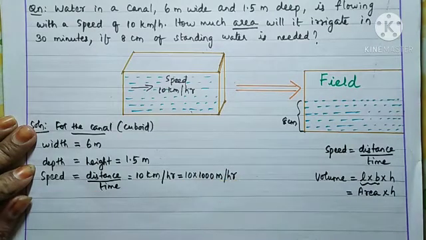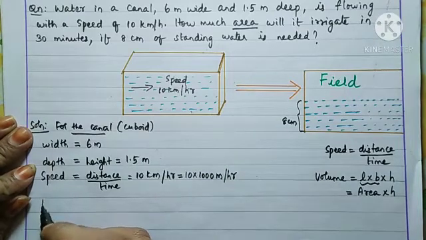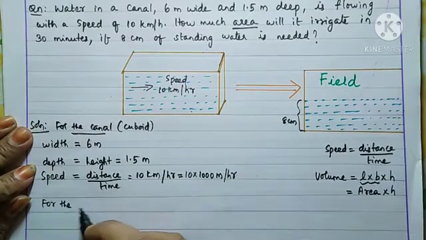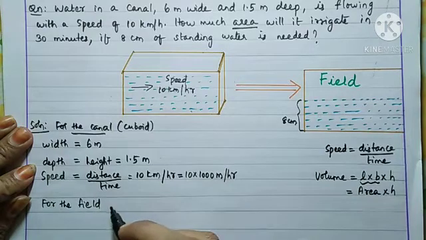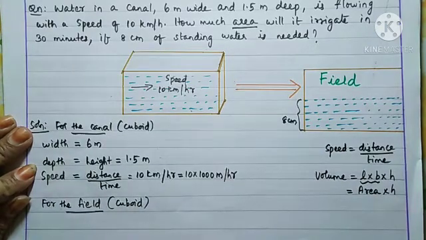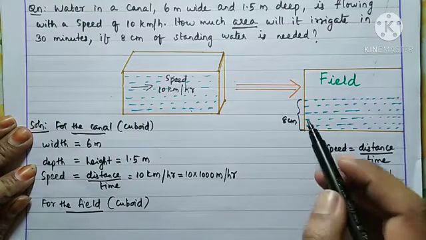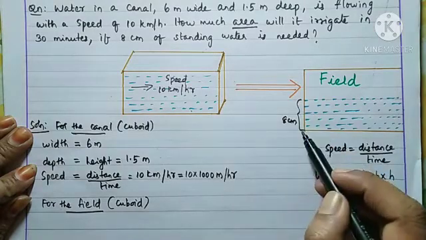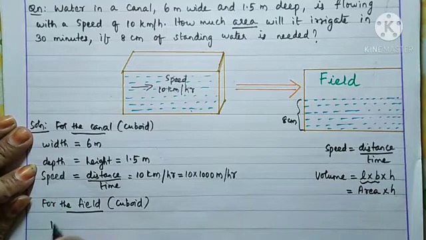Now we are moving to the next, the field. For the field also we are considering a cuboid. What are the things we know? Only the height of the standing water, which is 8 centimeters. So we are taking that as the height. Height is equal to 8 centimeters, and here also you see this is in centimeters, so we want to convert it into meters.